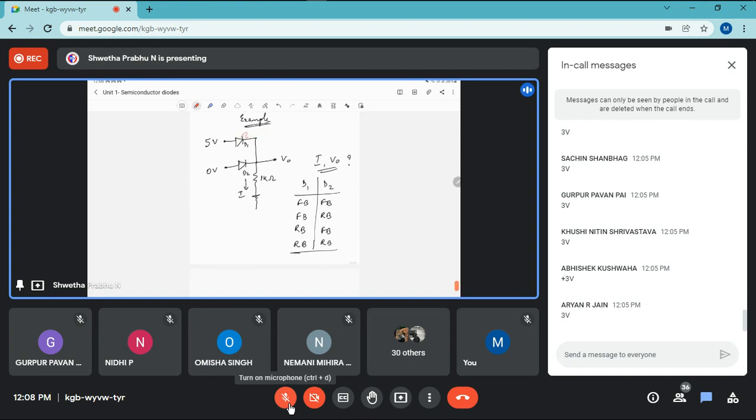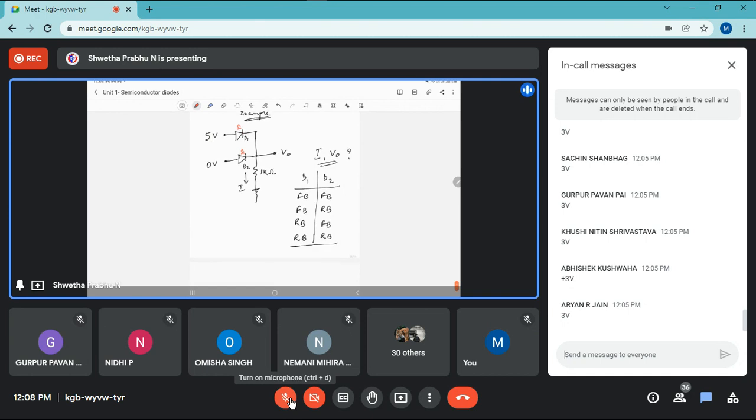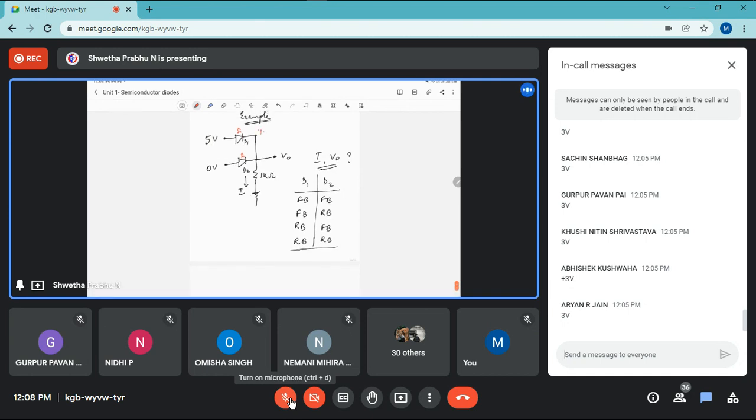What is the output over here? Say we are considering this also as a silicon diode. The drop across the diode is 0.7. So 5 minus 0.7 will give me 4.3 volts. Correct? So here you have 0. 0 minus 0.7 will give me minus 0.7 volts.